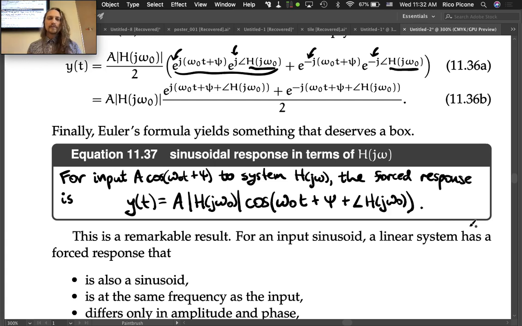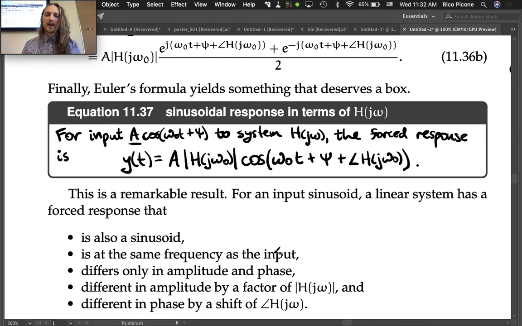Okay? So some remarkable results. It really is a remarkable result. There are a few things let's highlight. First of all, you input a sinusoid, you get out a sinusoid. This is for linear systems only.